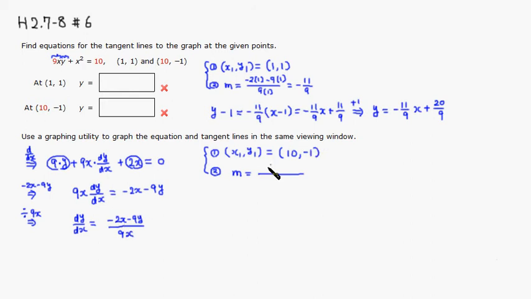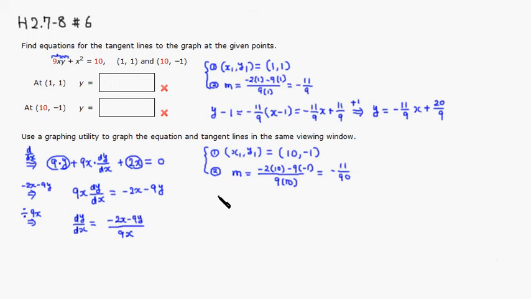X is 10, so it's negative 2 times 10 minus 9 times negative 1, because y is negative 1, and then you have a 9 times 10. So this is negative 20 plus 9, which is negative 11 over 90. Numbers are not that pretty.